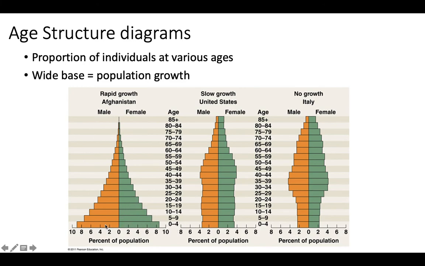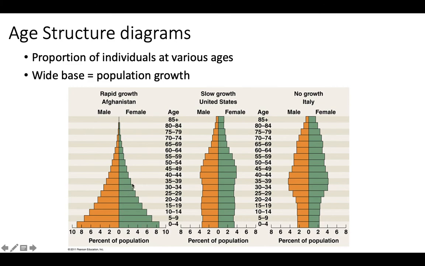So the very bottom row represents those humans living in the 0 to 4 year age range, with a significant chunk. It looks like about 9% of the population are males within the age of 0 to 4, and about 8.5% of the population are females within the age range of 0 to 4.